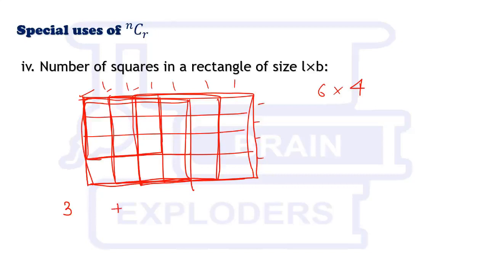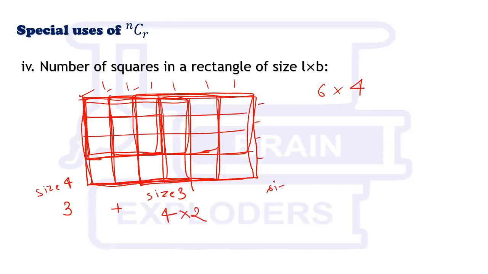Plus how many squares of size 3 can be selected? 1, 2, 3, then 4, and similarly 4 just below these, multiplied by 2.